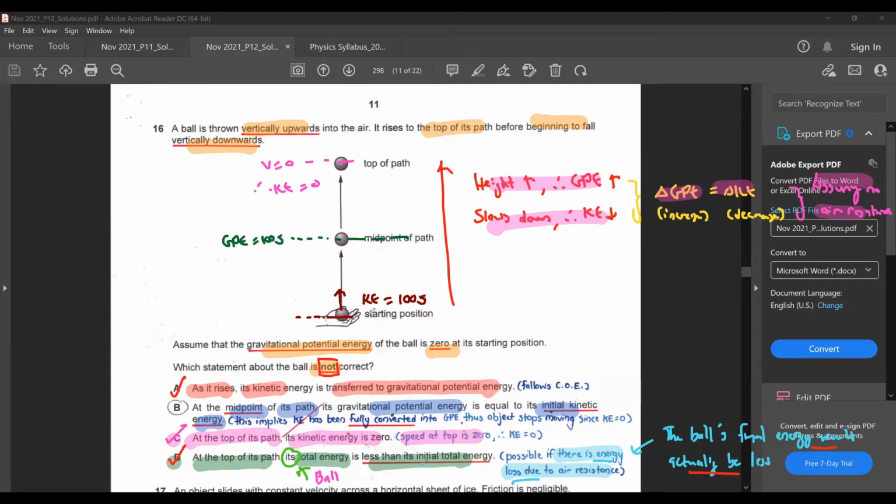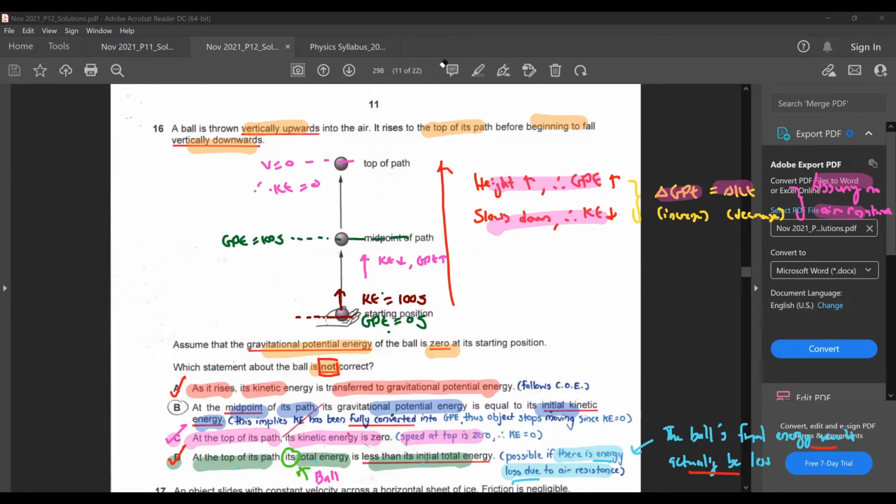Let's just assume GPE is 0 joules at the start, KE is 100 joules. As you move upwards, KE will drop, GPE will increase. Here it so happens that GPE suddenly increased to your initial kinetic energy. It's saying your GPE has increased to 100 joules. So that would mean your KE is actually now 0 joules.